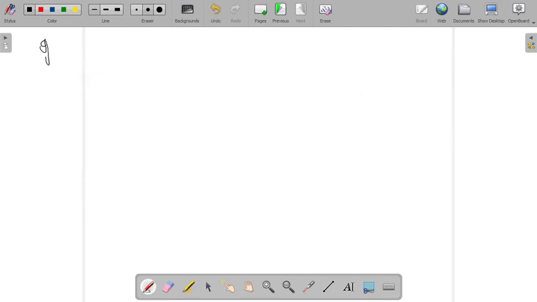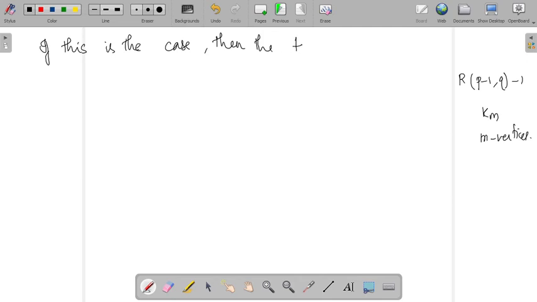Now if this is the case, we said that the number of blue edges incident with any vertex v is R of P minus 1 Q minus 1. Now in Km we have a total of m vertices. So let us count the total number of blue edges in the graph Km.